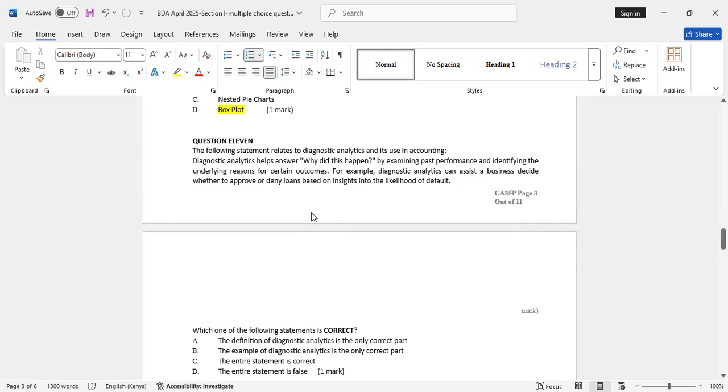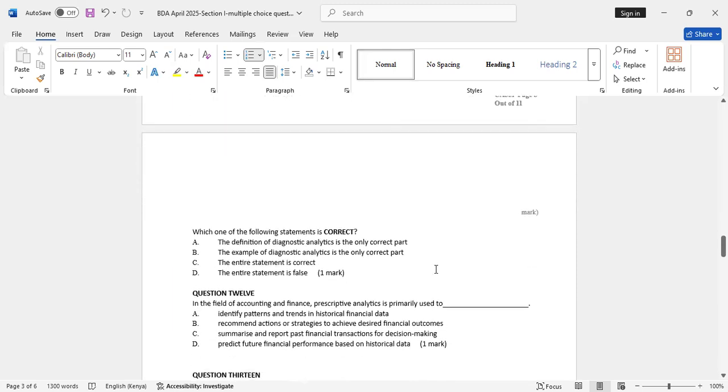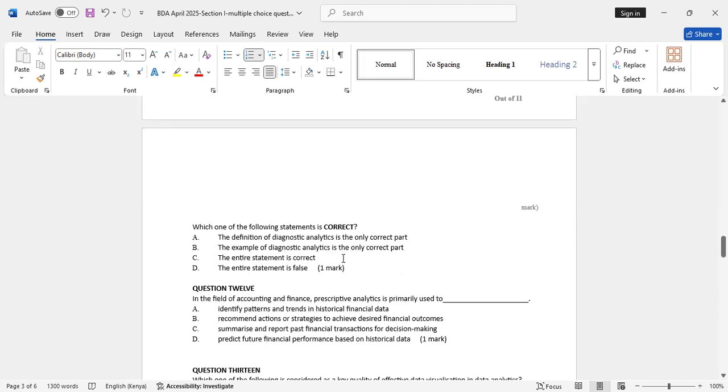So this example is correct, but this diagnostic analytics statement alone is not correct. So B, the example is the only correct part. For me, I'll die with that. The example is the only correct part.